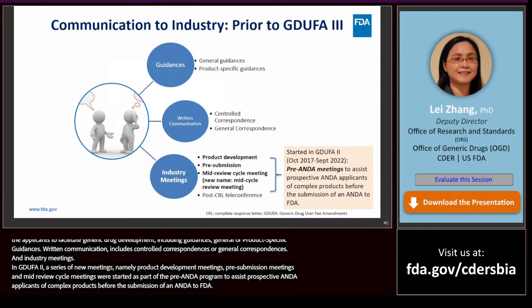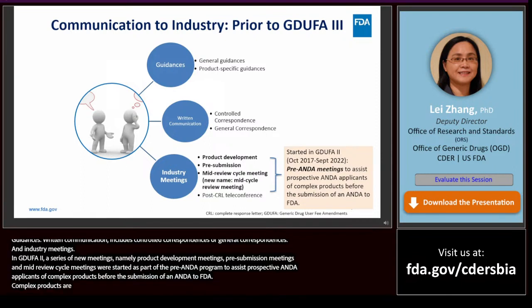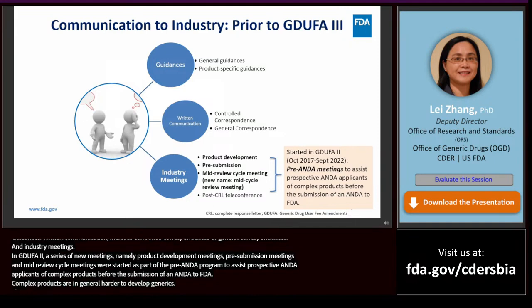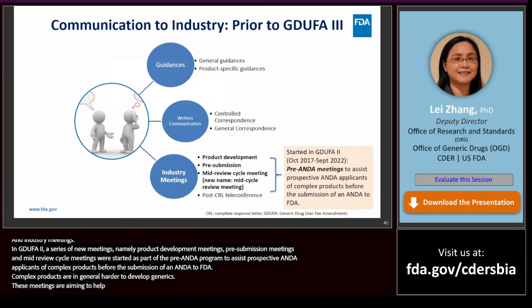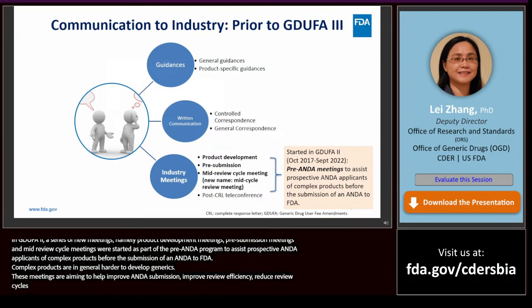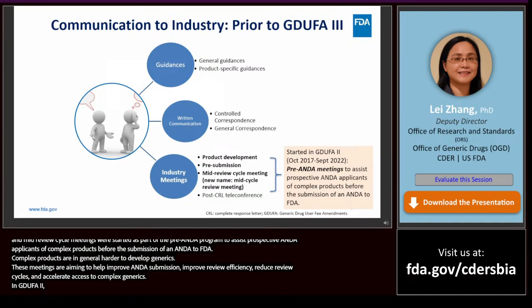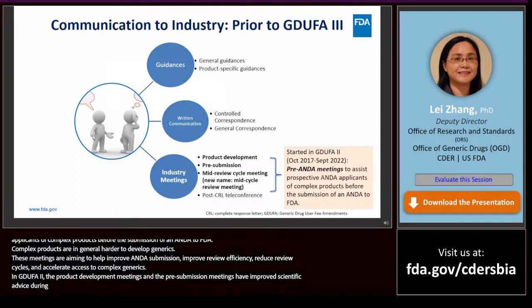Complex products are in general harder to develop generics. These meetings aim to help improve ANDA submission, improve review efficiency, reduce review cycles, and accelerate access to complex generics. In GDUFA II, the product development meetings and pre-submission meetings have improved scientific advice during development and have facilitated pre-submission communication with the FDA.